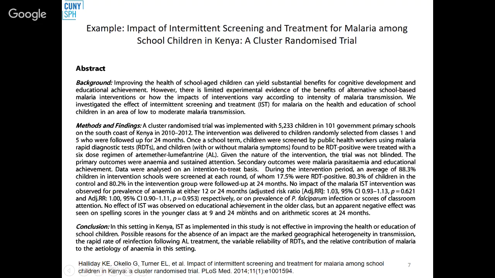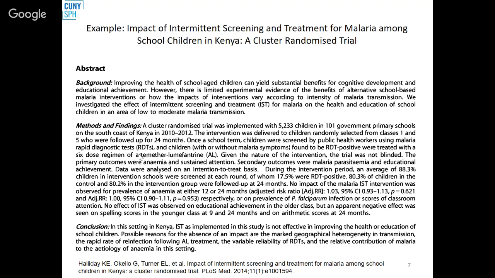And the second take-home from this is that at least by the end of maybe this class and maybe the class after, you have all the tools that you need to be able to at least read the methods, the results, and the conclusions, and understand what a paper like this is talking about and what the message of it is.